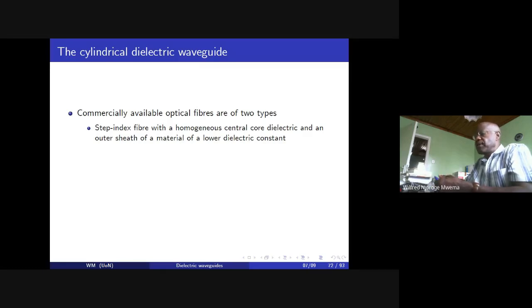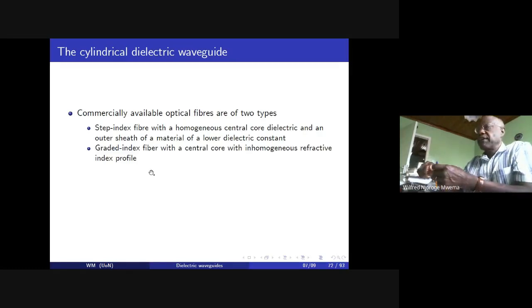This is done so as to reduce the radiation or leakage of the wave propagating in the central region. We have seen that for the dielectric guide to guide the wave, it must have a higher dielectric constant than the surrounding medium.